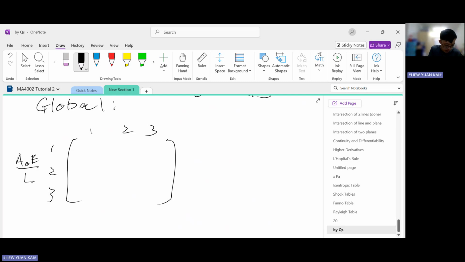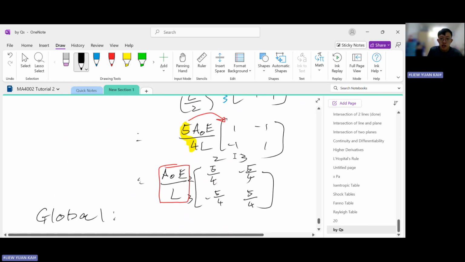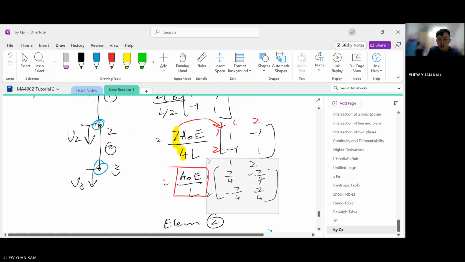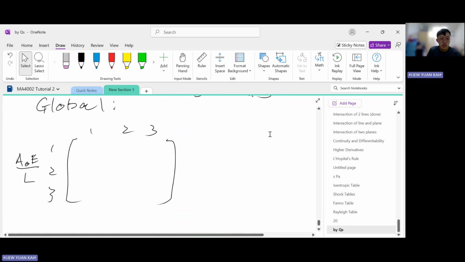Then you can combine them into the global equilibrium matrix. So you see for element 1, we focus on row 1, column 1, row 2, column 2, and fill it up with 7/4s.